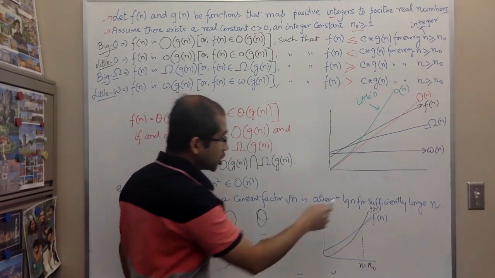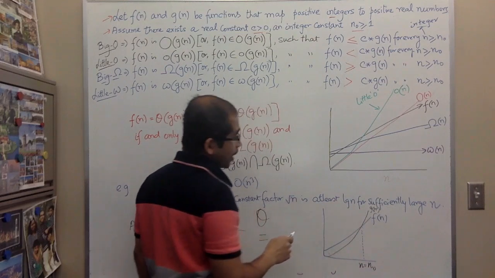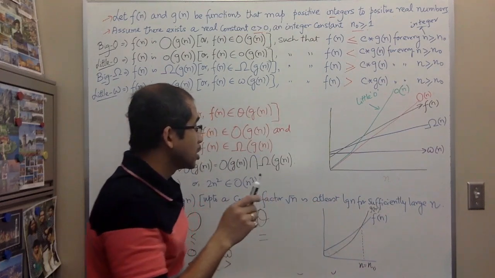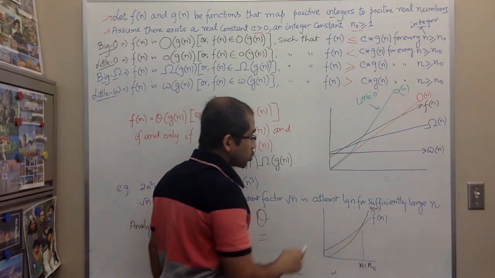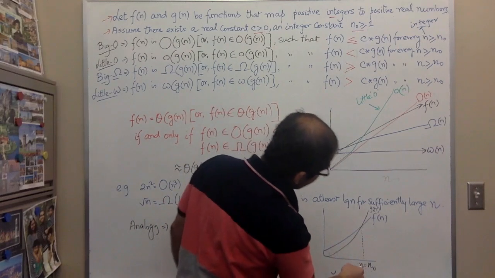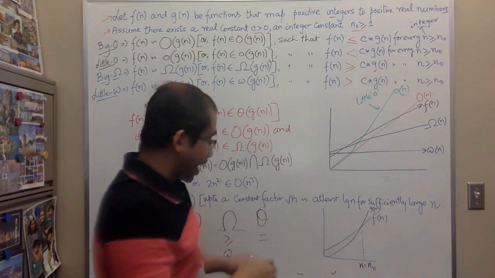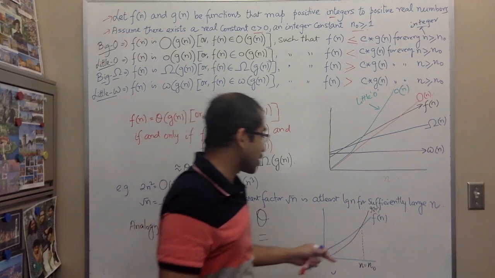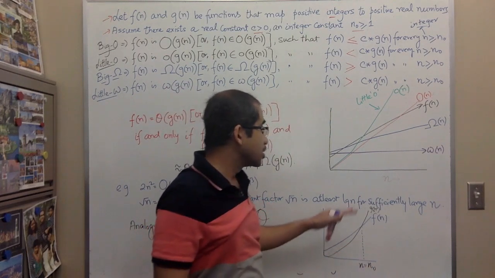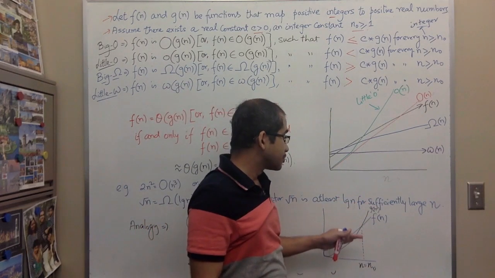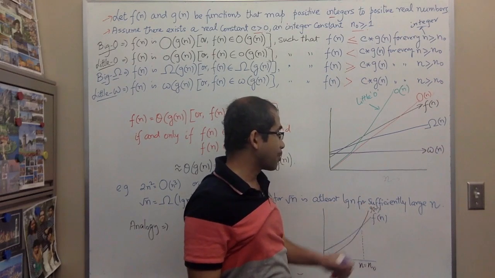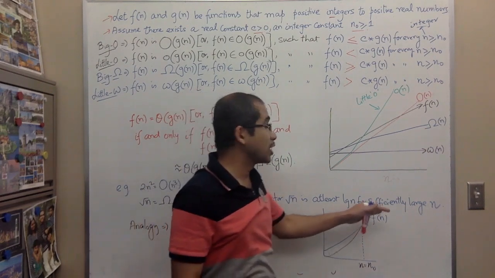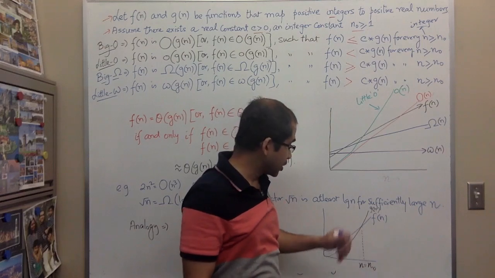Okay, so G(n) will overcome F(n). G(n) will act as an upper bound to F(n) for the input size n equal to n0. We say that for a sufficiently large input size, G(n) will eventually act as an upper bound of F(n), or F(n) will eventually be beaten by G(n). Okay, so this is the idea.